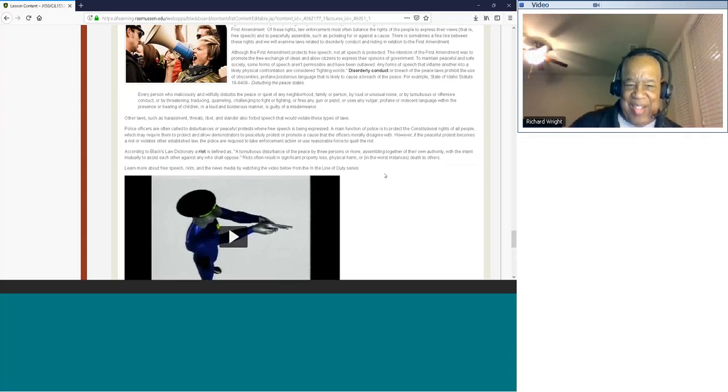A riot, as defined by Black's Law Dictionary, which is a dictionary that those of us in law school and lawyers are familiar with, is a tumultuous disturbance of the peace by three or more persons assembling together of their own authority. Now notice the intent here, to mutually assist each other against any who shall oppose.